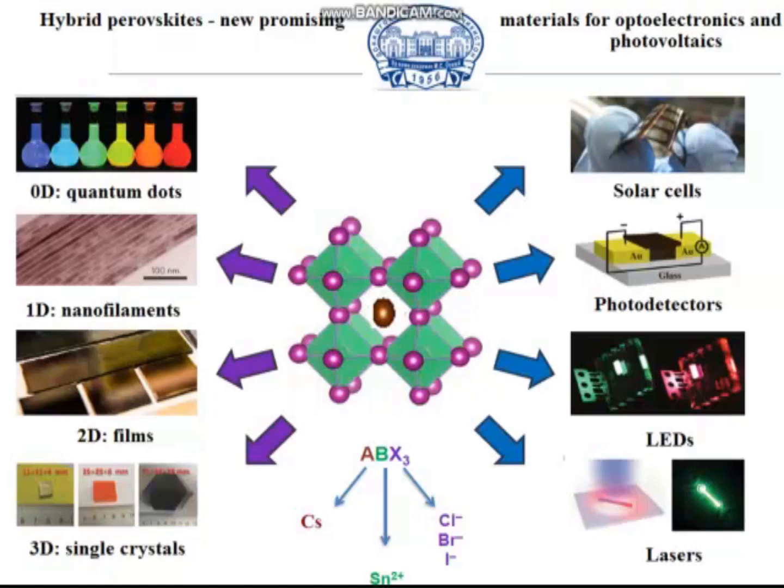Since the task facing researchers in the direction of solar energy at the present time is the search and development of semiconductor materials with the required value of the width of the forbidden zone.